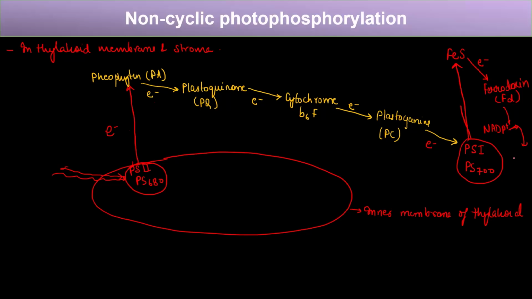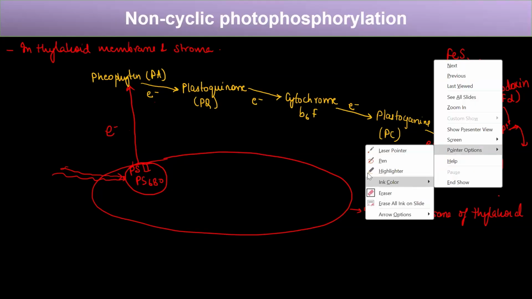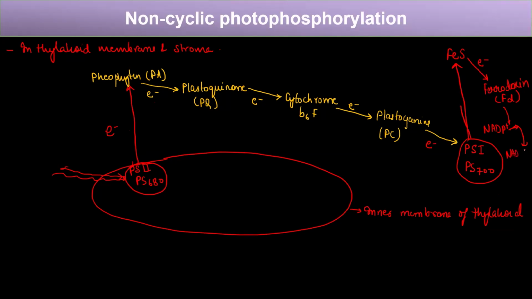So here I am representing it: NADP plus is getting converted to NADPH, with the help of this electron. And not only the electron, the NADP also requires H plus ion. So the reaction will be NADP plus H plus leads to NADPH formation.